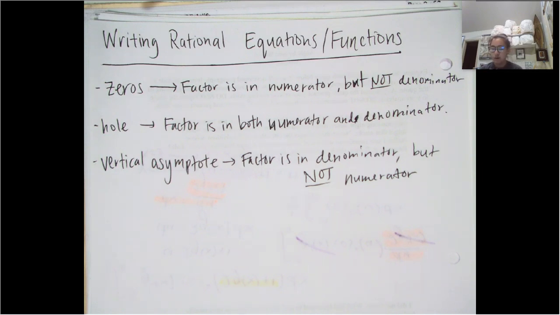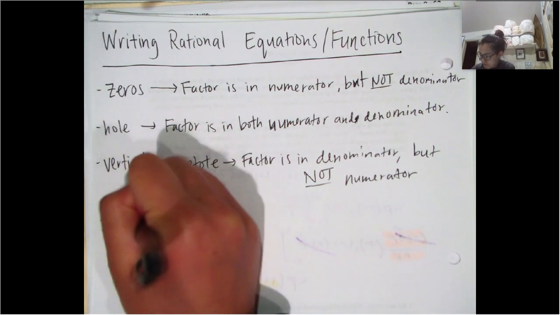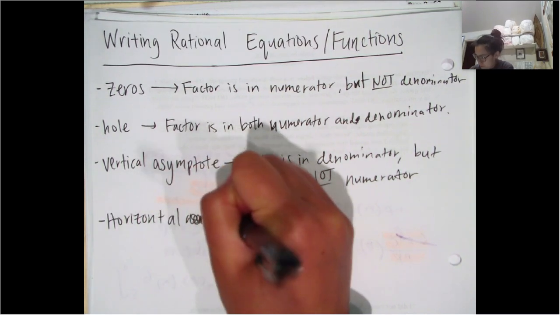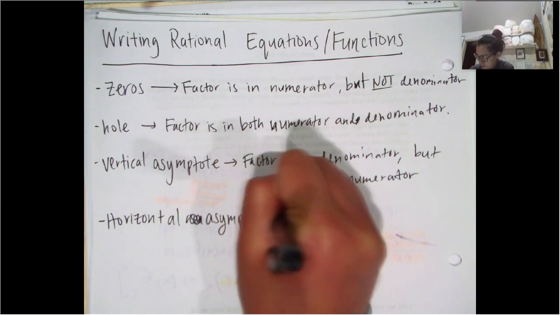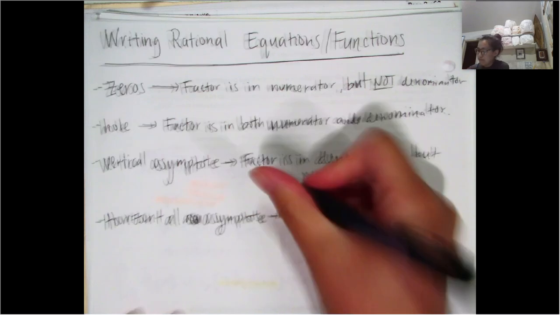And then finally, when you have a horizontal asymptote, okay, so there's a couple things. There's two things. So first of all, the degree in the numerator and the denominator have to be the same. So there have to be equal number of factors.